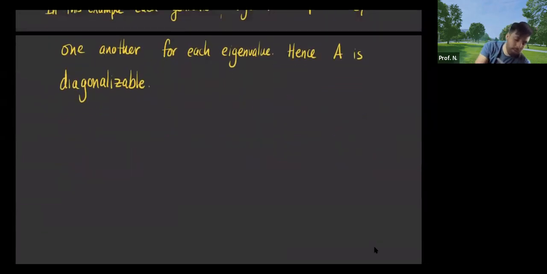And so how do we write A now? A can be written as P times D times P inverse. What is P though? What is the matrix P?